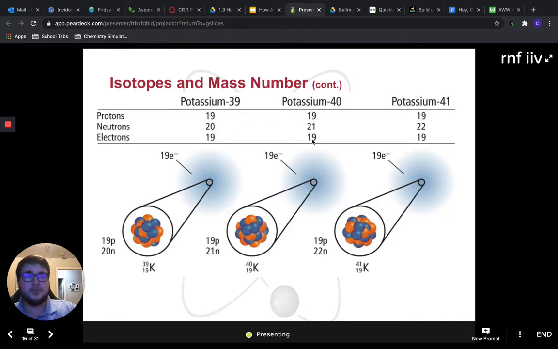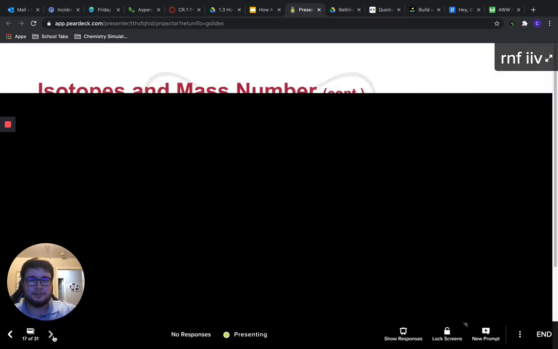And you'll notice those are the same for all potassium atoms. Okay? The only thing that's different is if my mass is 39, which is what this number represents here, then I have 19 protons. That means the rest of that 39 has to come from neutrons. So I need 20, because 39 minus 19 will give me 20 neutrons. Right? Same thing here. 40 mass, 40 particles in my nucleus, minus the 19 protons gives me 21 neutrons, and so on. All right?